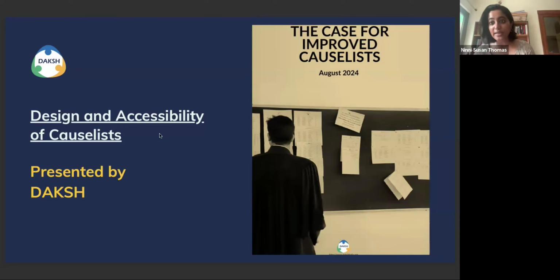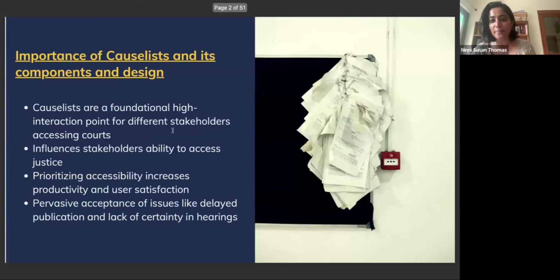When you think generally about the listing problem that all of us talk about, and we know there are a lot of controversies associated with the listing reforms that are required, we don't normally think about cause lists because they don't seem like very important things that can bring about a lot of change. But we did think that this was an essential building block when you talk about what listing reforms are required, because this is a very foundational aspect of how listing happens in courts and how stakeholders interact with cause lists.